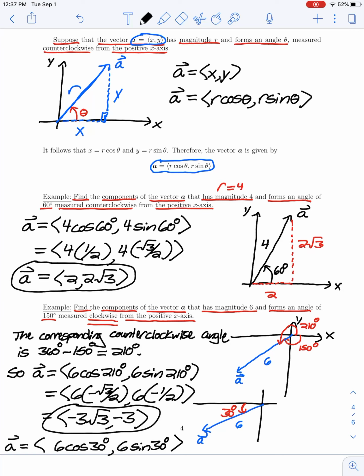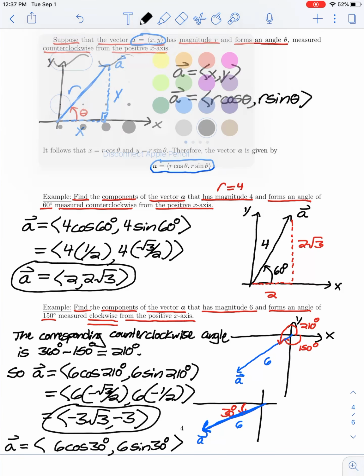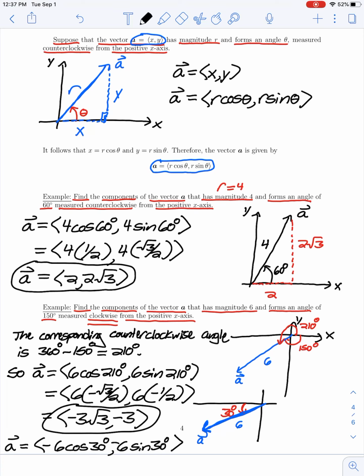But now I've got to be a little careful about the signs of these x and y components. So I see from sketching my vector representation that the terminal point lies in quadrant 3, which means that my x and y components of this vector will both be negative. So if I put a negative in front of both of these terms, then I get exactly negative 3 root 3 and negative 3, the same value that we found by using that 210-degree angle.